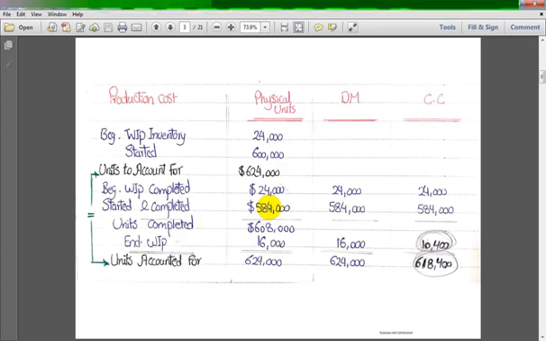We have to calculate the cost of direct material in beginning work in process plus current period cost, and direct labor in the beginning work in process plus current period, and overhead in beginning work in process plus current period. So we have to calculate the total cost to account for. This is step number 4.